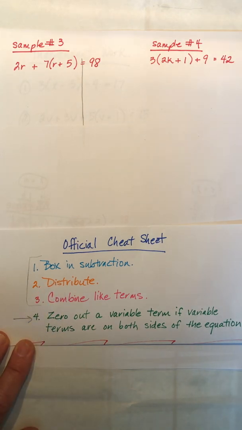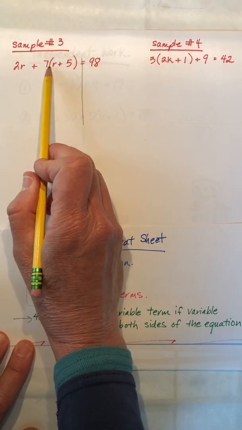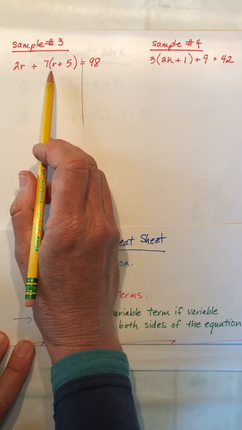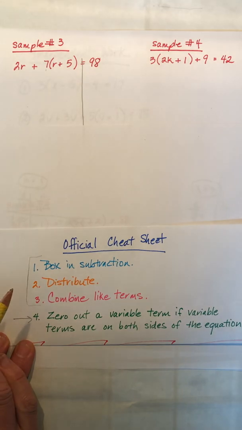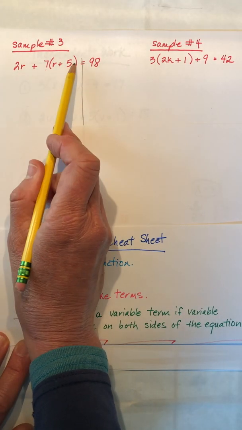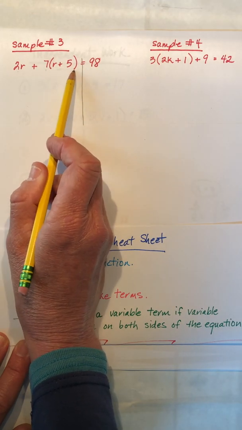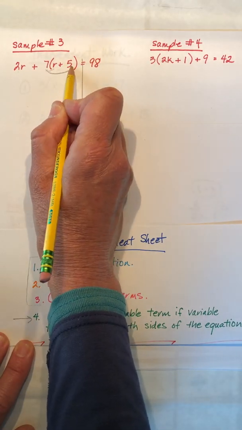I know there's distributing because there's a number multiplying some things inside parentheses. Multiplying things that are being added or subtracted together inside the parentheses. Since the 2r is not over here with the 7 or inside the parentheses, it's got nothing to do with the distributing. So I'm drawing in my lines.